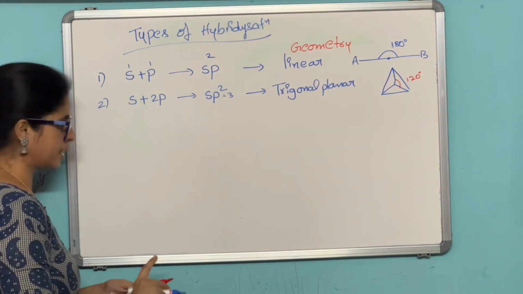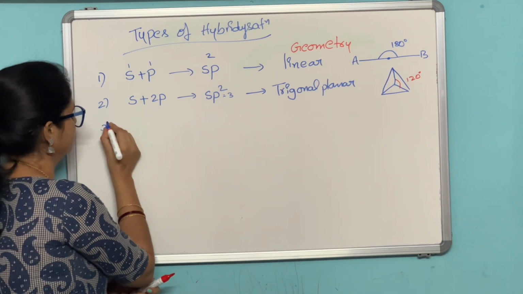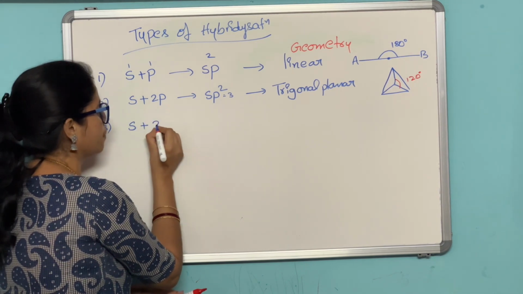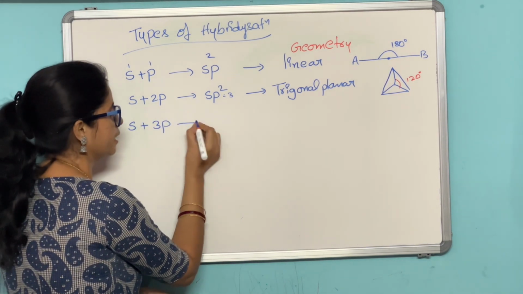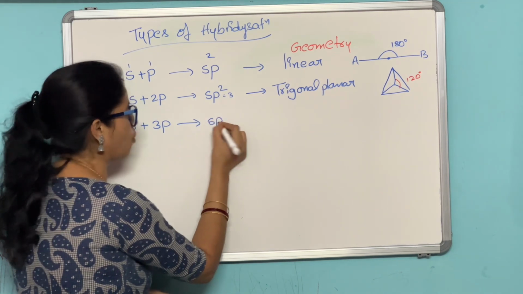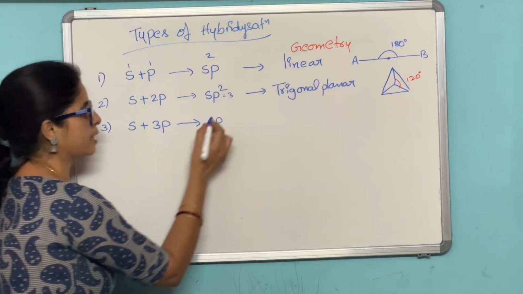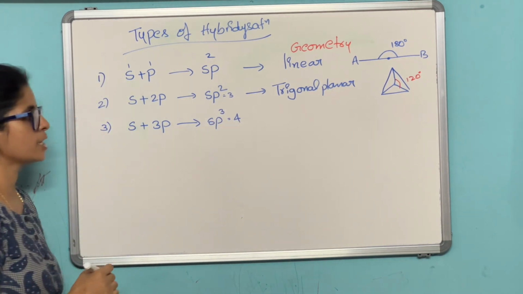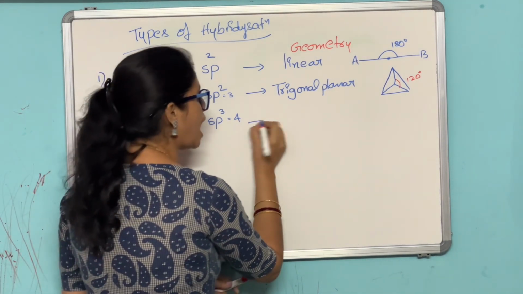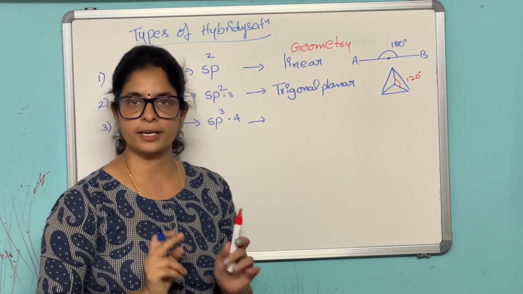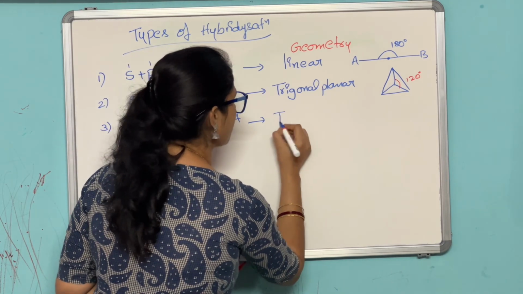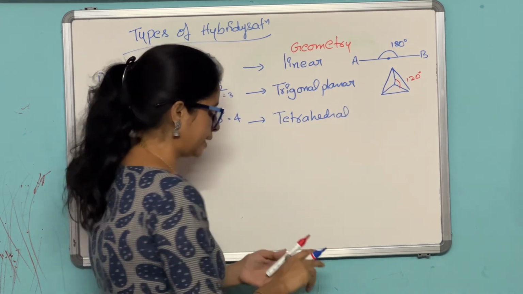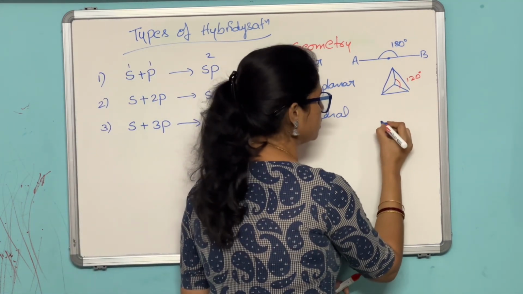The third one: if one s orbital and 3 p orbitals are involved, how many hybrid orbitals? 3 plus 1, 4 hybrid orbitals. The type of hybridization is sp3 hybridization, and as 4 hybrid orbitals are involved, it is a tetrahedral geometry.